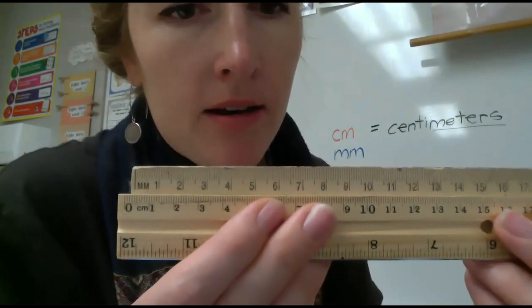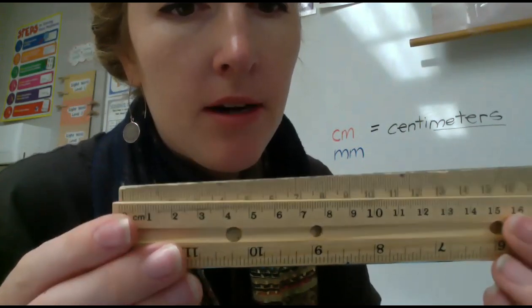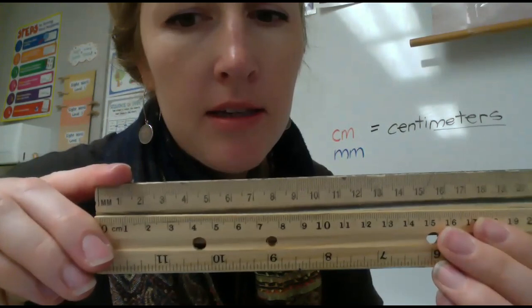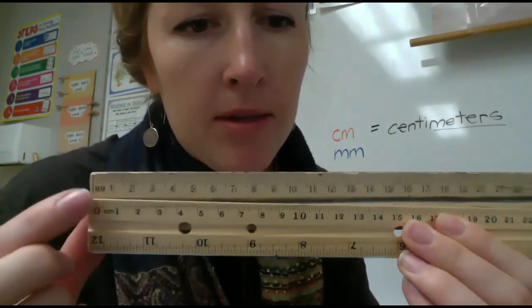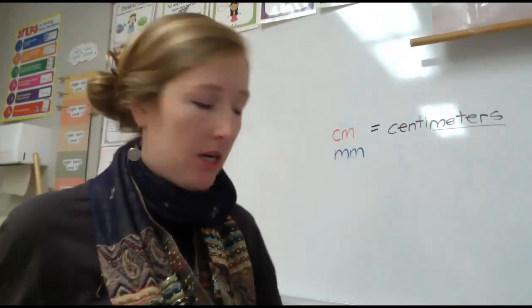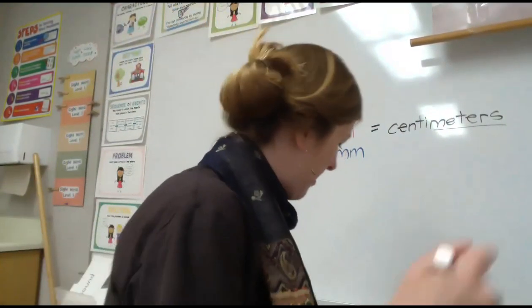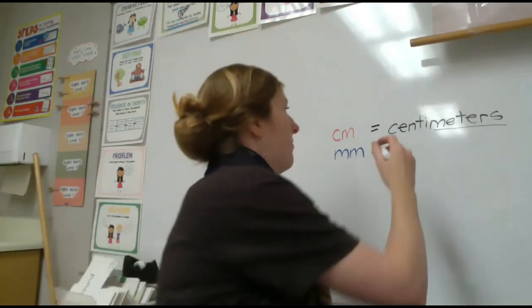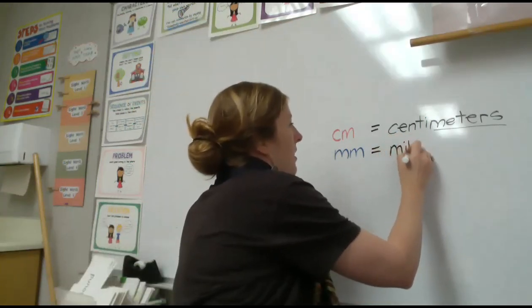So why is that? Here, I gotta zero it out. Well, that's because the mm is also part of the metric system. It stands for millimeters. Let me write that out, and then I'll tell you why they're both used on the ruler.